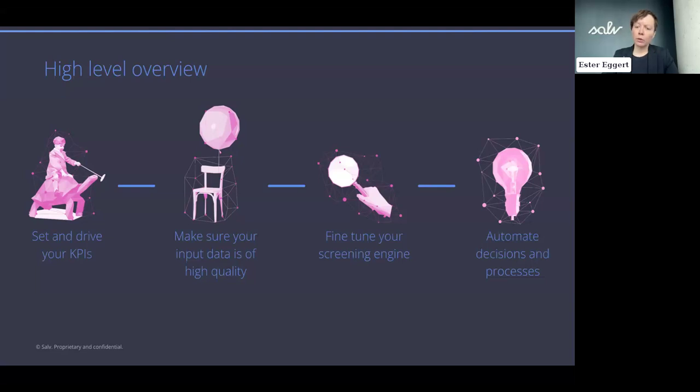We will talk quite a lot about fine-tuning and configuration, which is possibly an area that doesn't receive the attention that it should. And we will talk about automation, which usually gets a lot of attention, but indeed is also an important component.